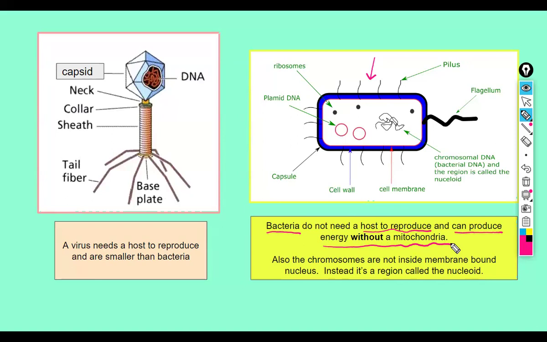Don't worry, the examiner is not going to ask you what are the other mechanisms to produce energy in a bacteria. Also, all bacteria do not really have a nucleus. You know an animal cell, right? Let me just draw an animal cell here. Inside the animal cell, there's a nucleus.